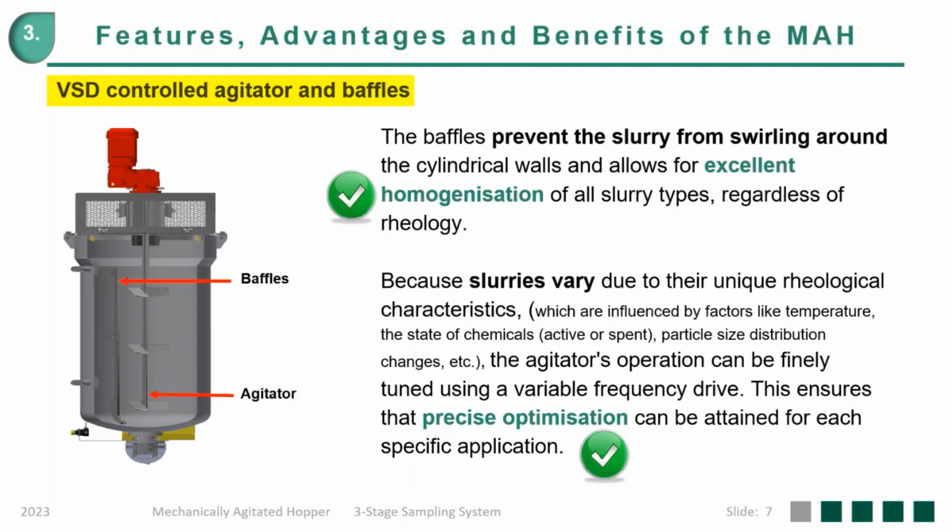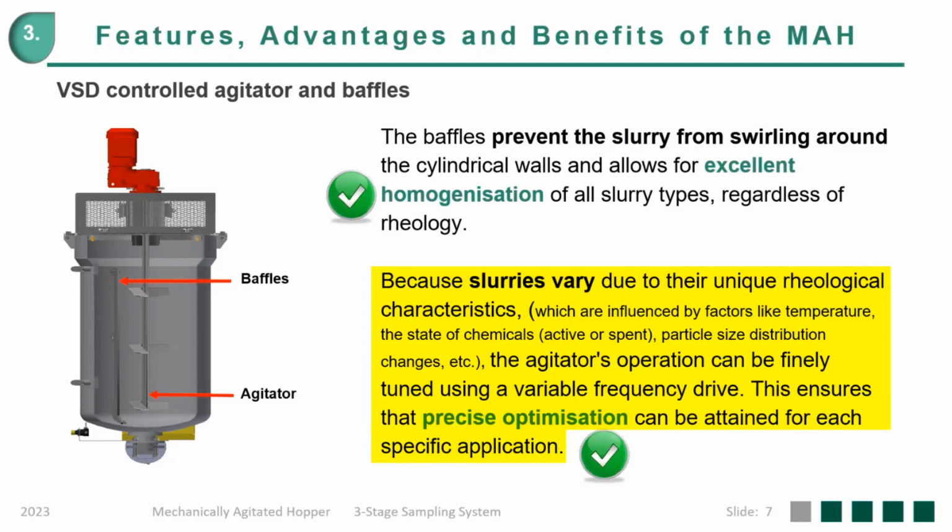Therefore, the topic that we are going to talk about under the features, advantages, and benefits is the VSD control agitator and baffles. The baffles, as you can see by the arrow, we have 3 baffles inside the mechanically agitated hopper, which are used to prevent the slurry from swirling around the cylindrical walls and allow for excellent homogenization of all slurry types, regardless of rheology.